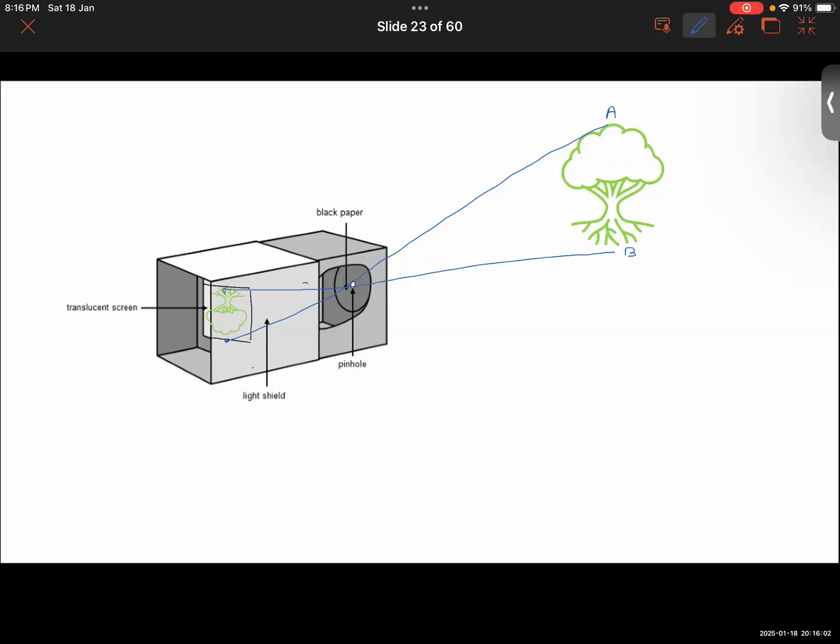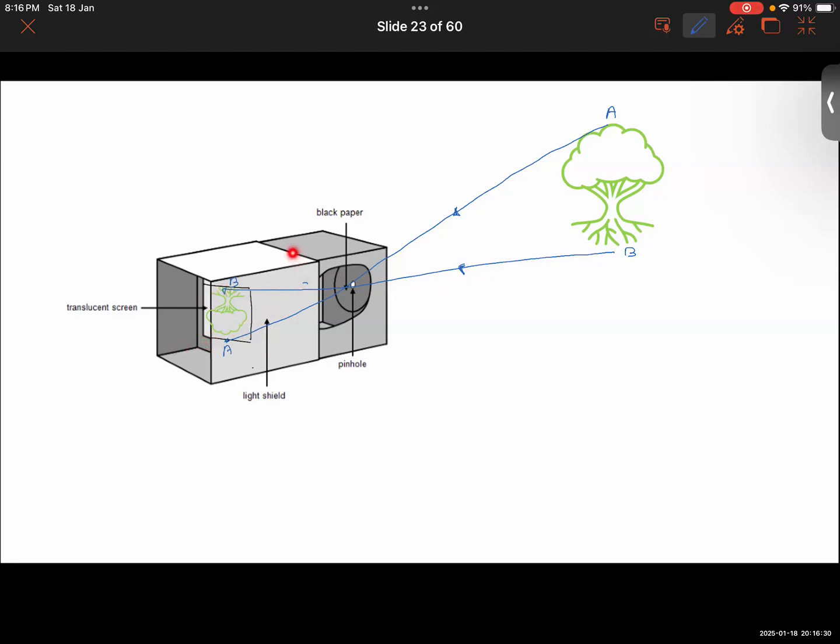This is ray A, that's ray B. As we know, rays of light always travel in a straight line. Are the rays of light bent? No, they are traveling in a straight line. So this shows the rectilinear propagation of light. Thereby an inverted image is formed here.